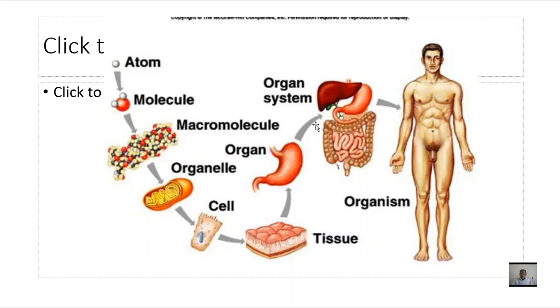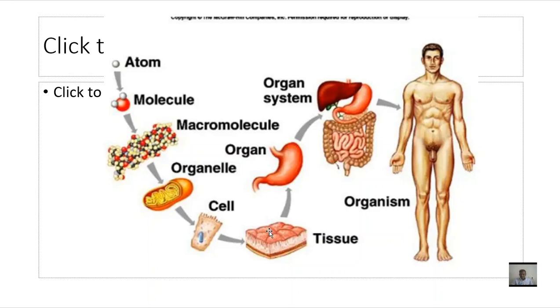From the system of organs, we take any one organ outside. This organ is composed of tissue, and the tissue is made up of many number of cells.